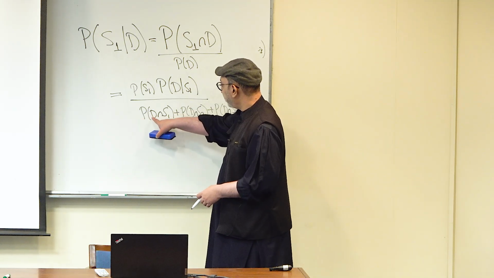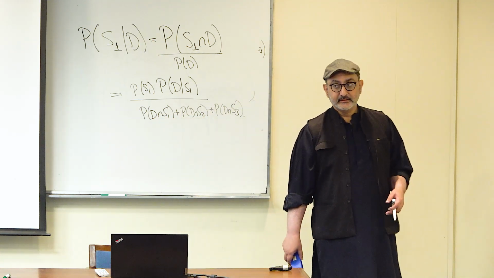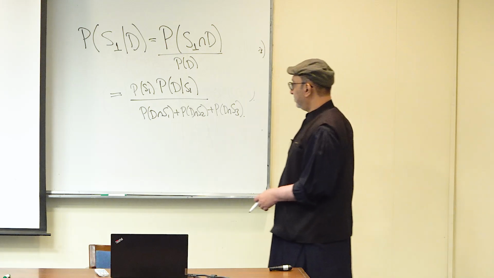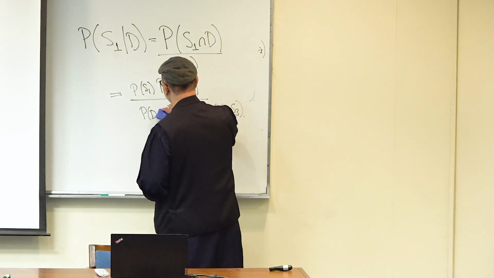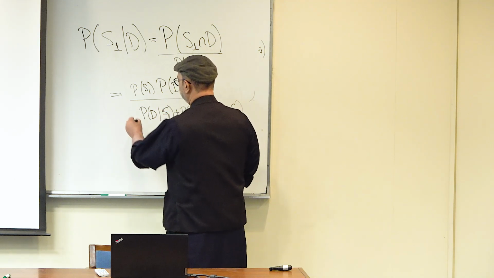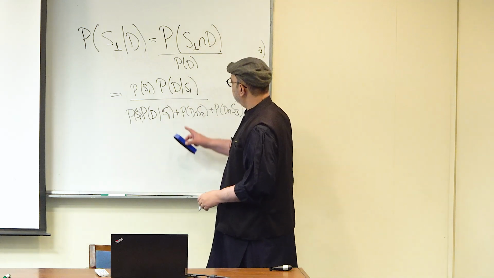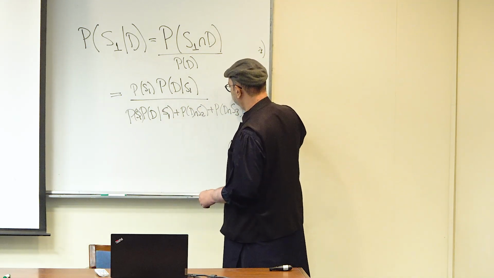So what do I do with probability of D intersection S1? It's probability of D given S1 times the probability of S1. So I'm rewriting the intersection.